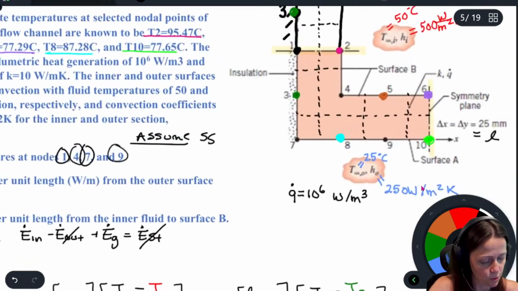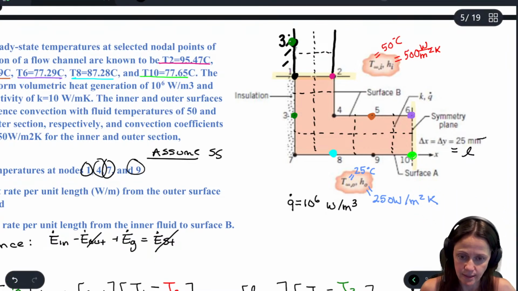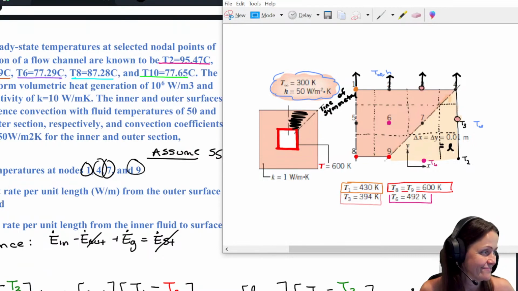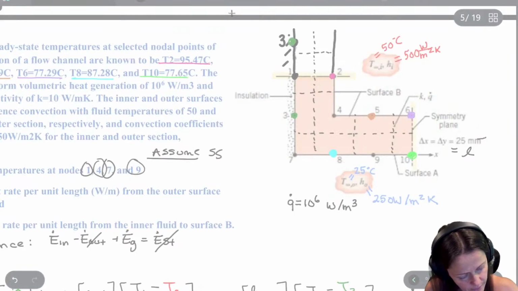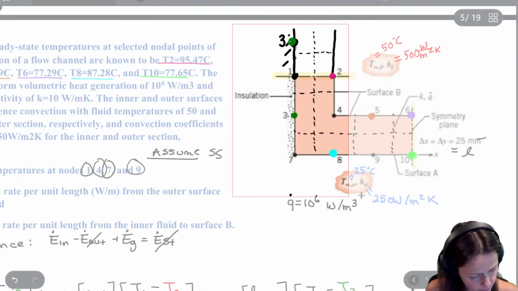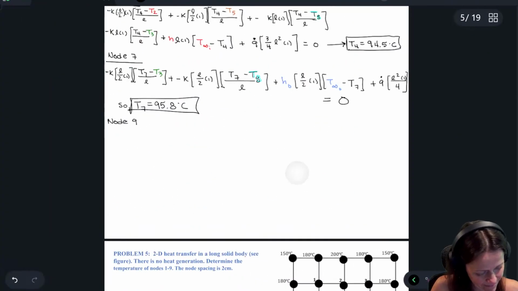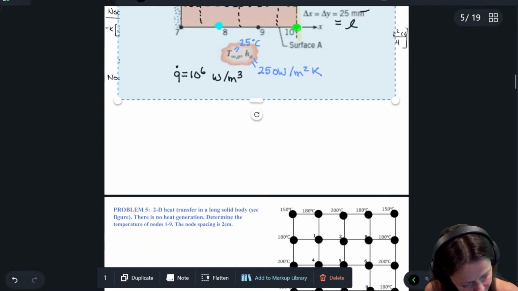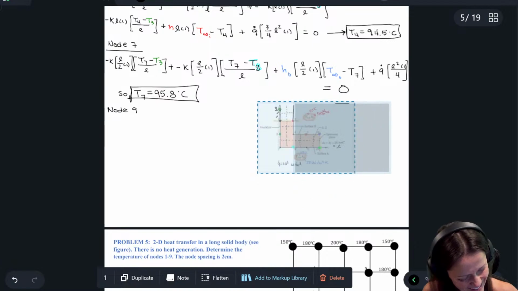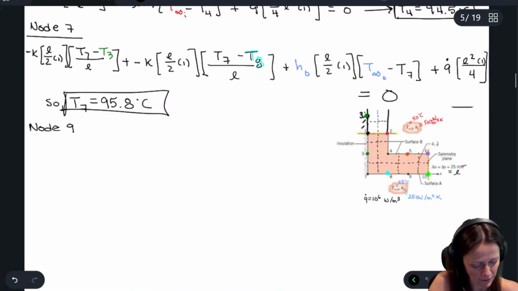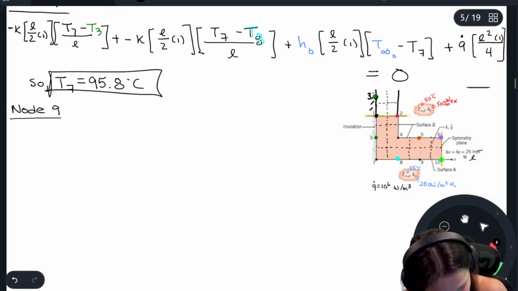And instead of scrolling up every 3 seconds, see if I can put it right there. Perfect.